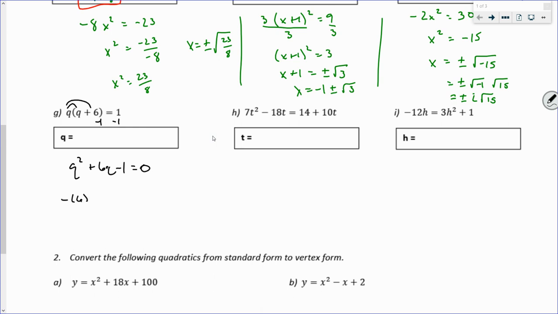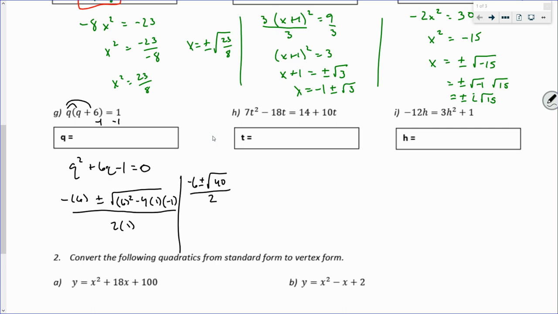So negative b plus or minus the square root of b squared minus 4ac all over 2a. And I'm going to work to simplify. So negative 6 plus or minus, let's see what that discriminant is. 6 squared minus 4 times 1 times negative 1 is 40 over 2.